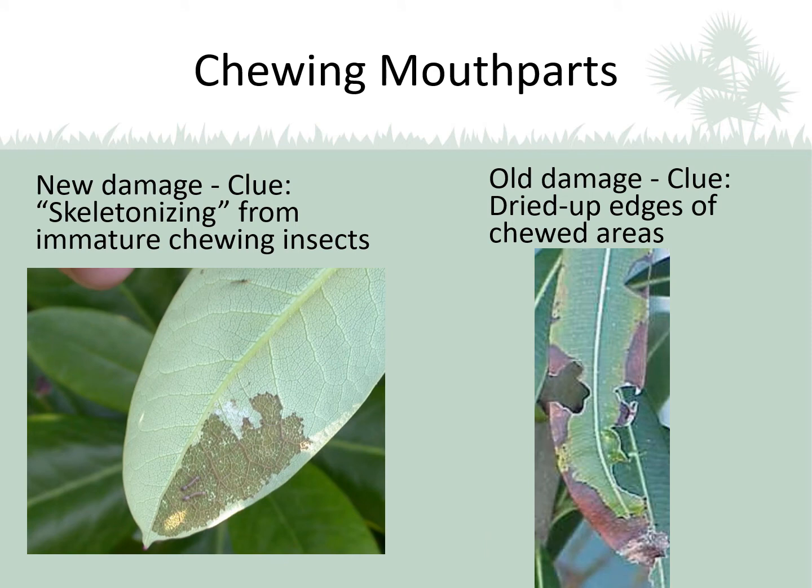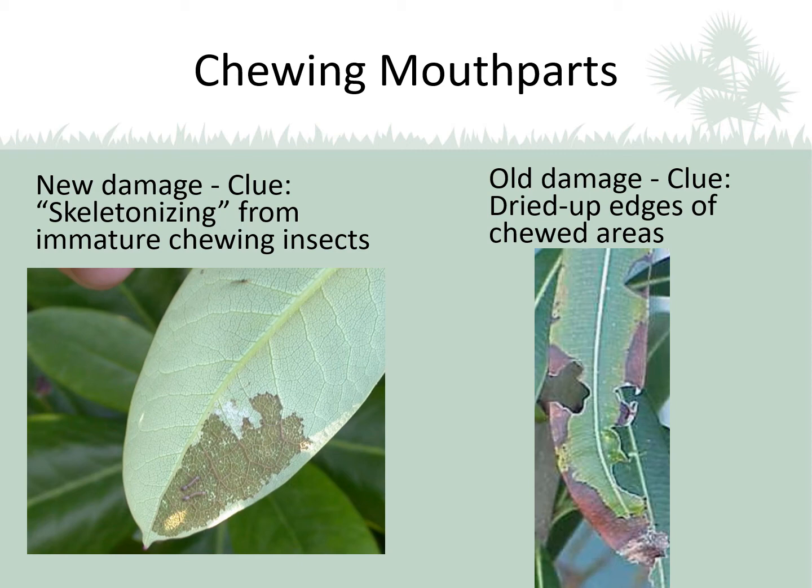What we see in this picture here is a plant damaged by the chewing mouth parts of an insect. The new damage, our clue, is skeletonizing from an immature chewing insect. When you see this on the underside of a leaf where the leaf has not actually been chewed all the way through, it oftentimes means that a young, immature chewing insect encountered your plant and took advantage of it.